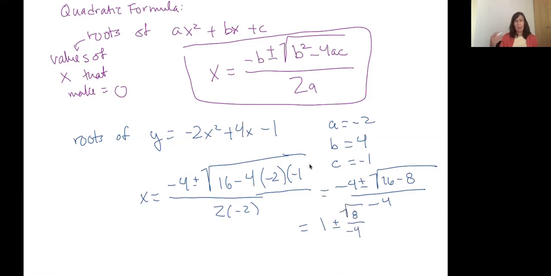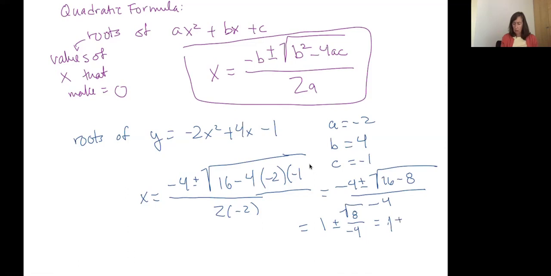If I wanted to, I could just punch that out on a calculator. If I wanted to clean it up a little bit more, I might notice that I could factor the 8 as 4 times 2, and then factor out the 4 because it's a perfect square, and then cancel it with the 2. So let's do those last 2 steps just to make it a little bit simpler looking. Also, the plus or minus is going to take care of the negative in the bottom. We're going to be adding it once and subtracting it another.